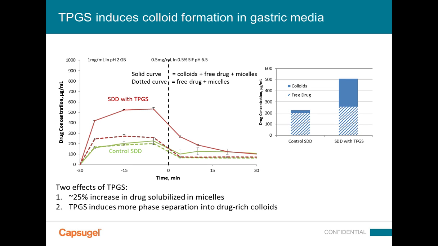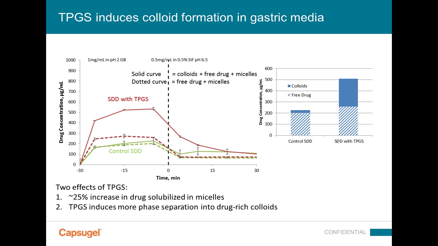You can see from this plot that not much of the drug is solubilized in colloidal form for the control SDD. However, for the TPGS containing SDD, shown in red here, the solid line is about 2 times higher than the dotted line. And that indicates that about half of the solubilized drug is in the colloidal form. You can see the same thing in the bar graph on the right that's taken from, I think, the negative 15-minute time point during this dissolution test.